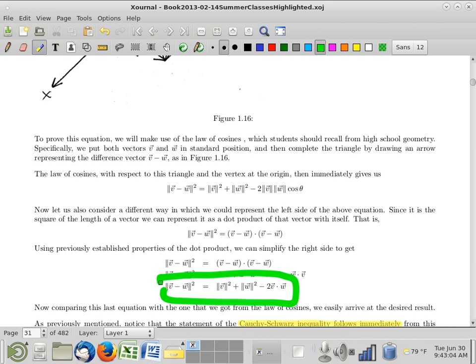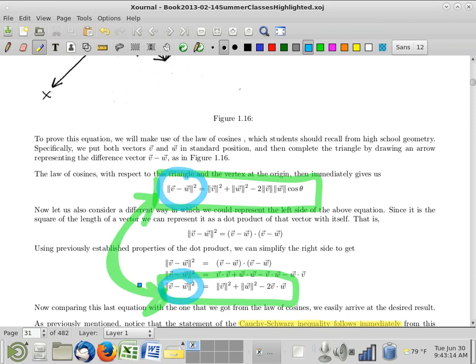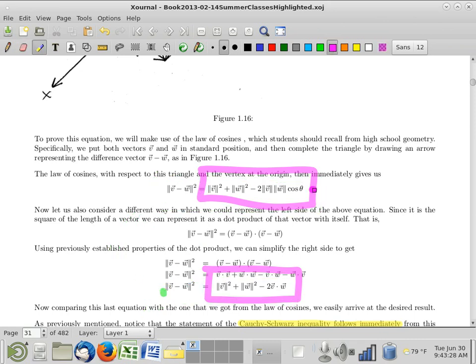So what we have here then is two formulas, both of which compute the same thing, length squared of v minus w. And therefore these two resulting equations, these two things that length squared is equal to, must be equal to each other.